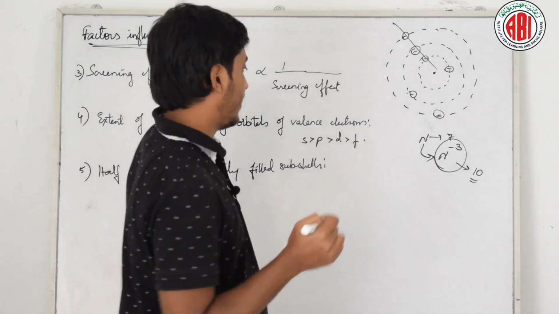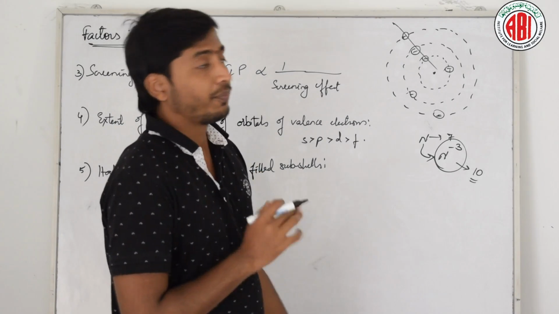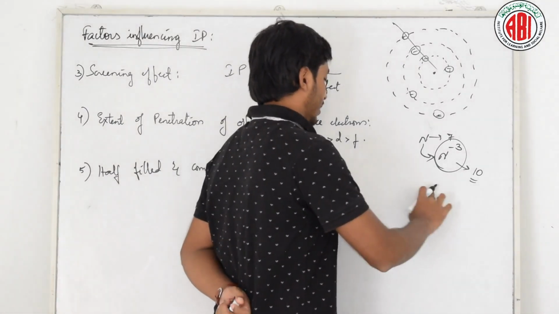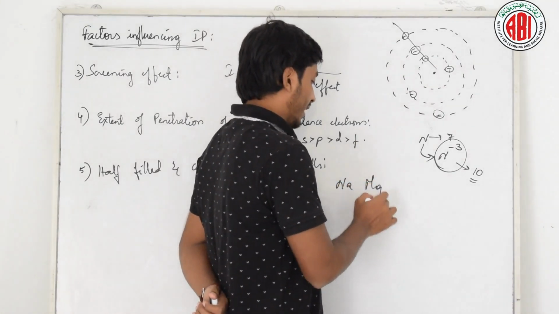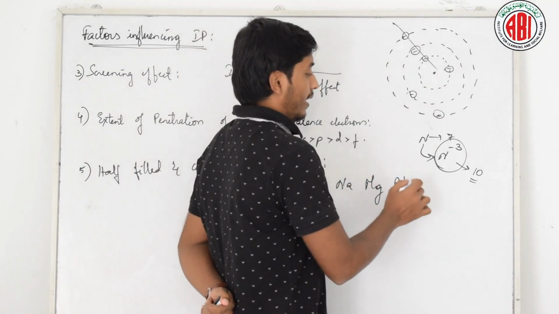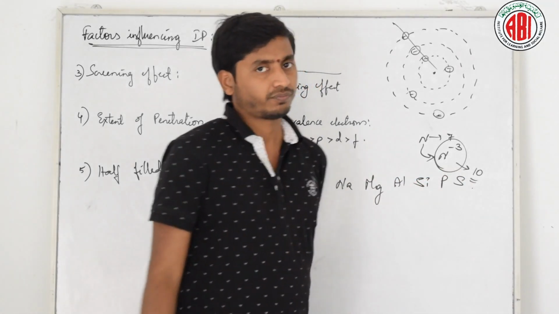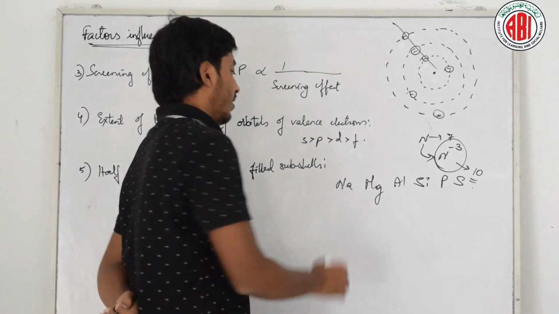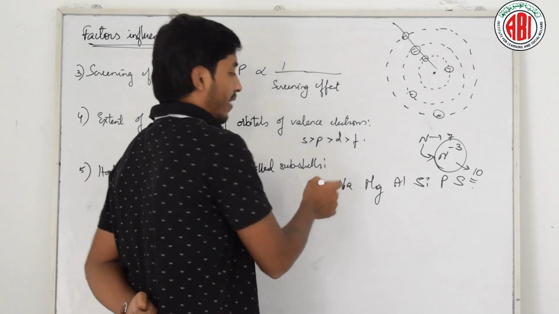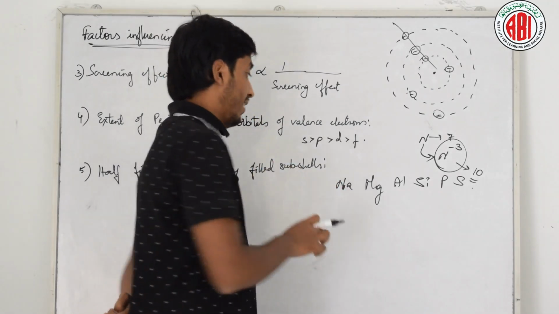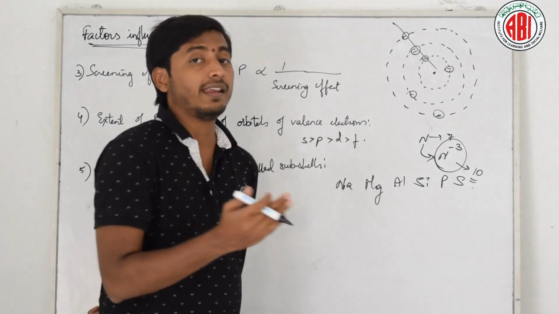In order to explain that, this is one more typical thing, and this is a very important discussion about IP. Let us assume the third period elements, that is sodium, magnesium, aluminum, and the next silicon, phosphorus, and sulfur, right? If you observe here, Na has the configuration 1s2, 2s2, 2p6, 3s1, whereas Mg has 3s2, whereas Al has again 3p.